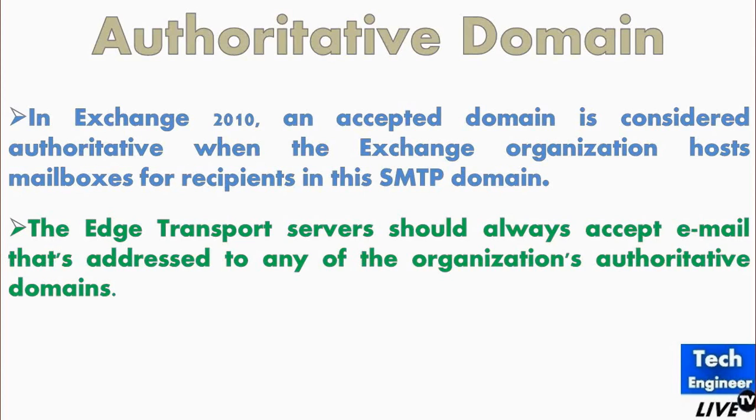For example, if the authoritative domain is XYZ, the entire company name is XYZ, the group name is XYZ, and you're a user of XYZ, then your mailbox is in XYZ. It will be the authoritative domain because your entire mail will be sent to that system itself. So it will let you store the mail messages as well.